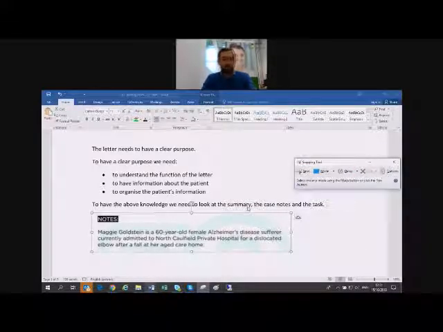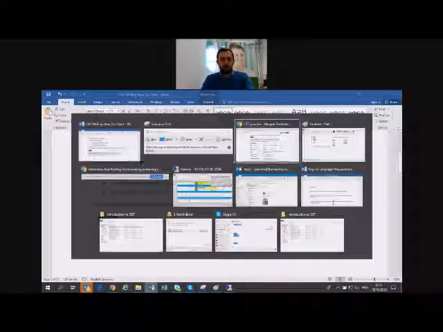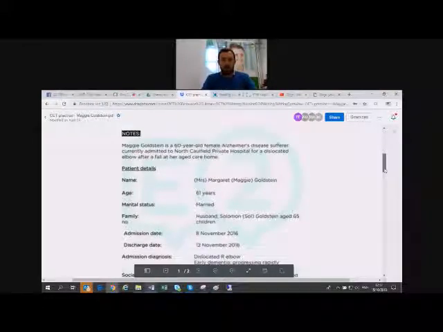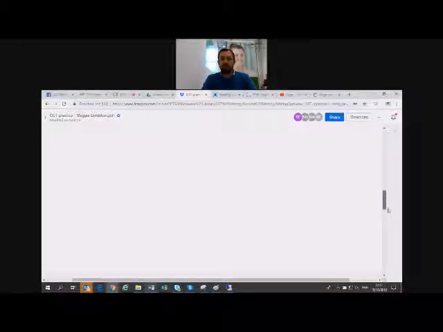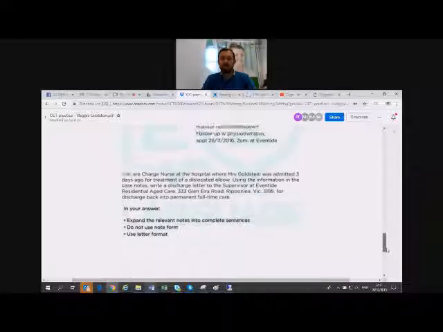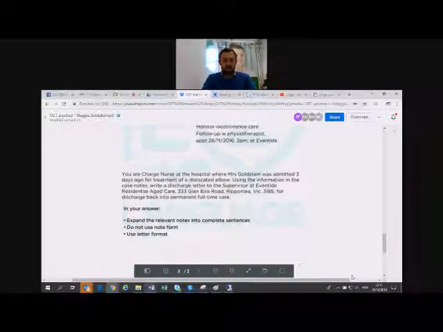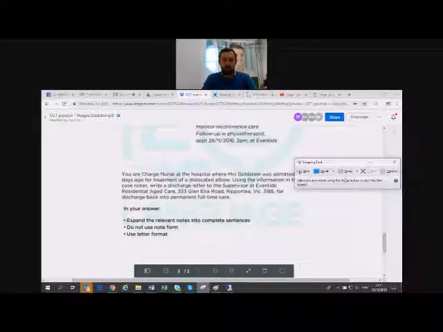Then we need to go back here. Then we've got the case notes themselves. We've also got the task here. So let's snip that as well.